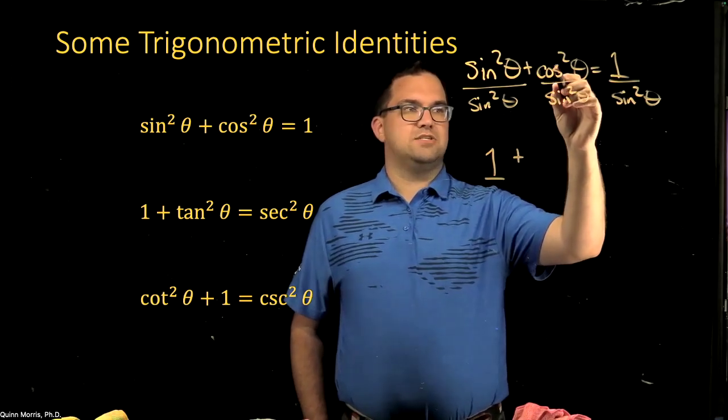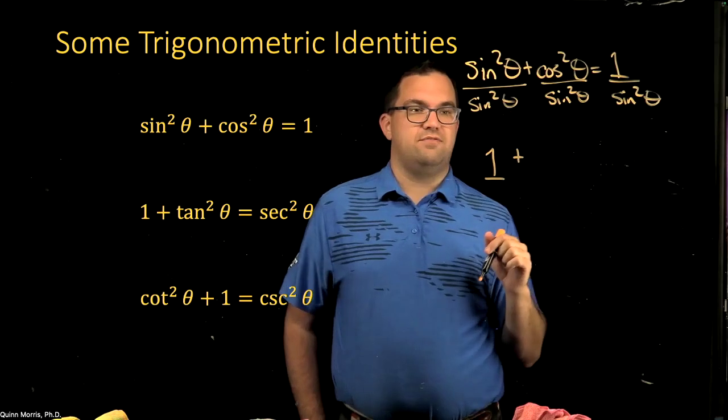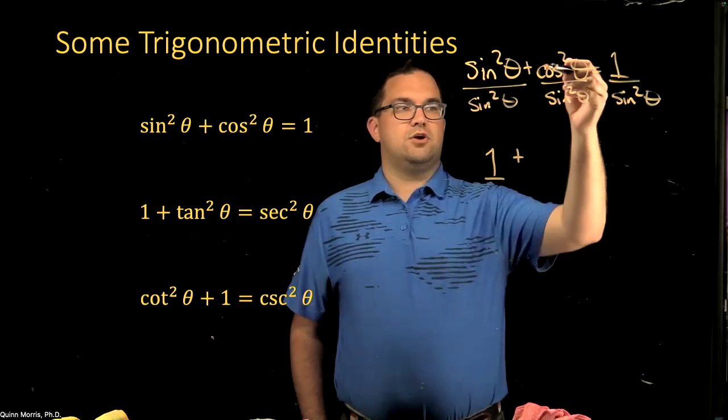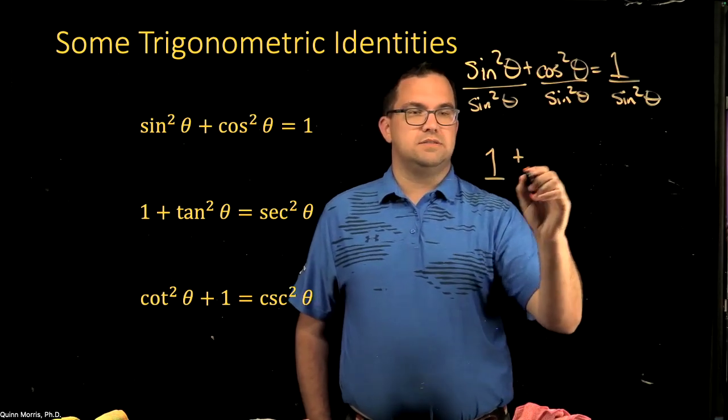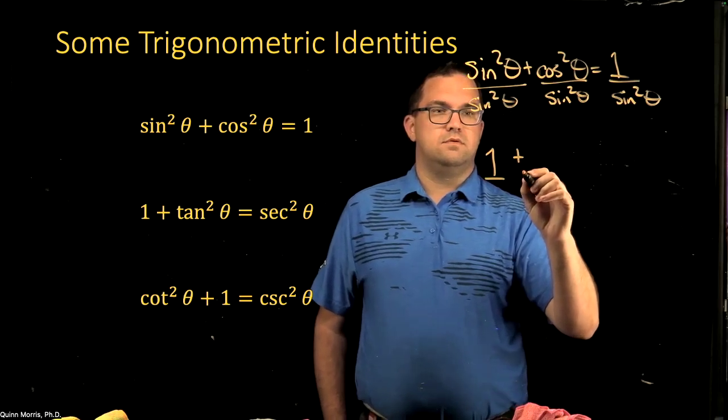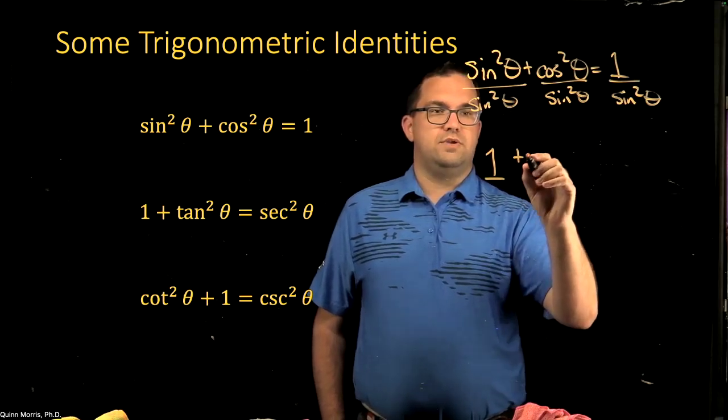This is the same as cosine of theta over sine of theta squared, and cosine over sine is cotangent.